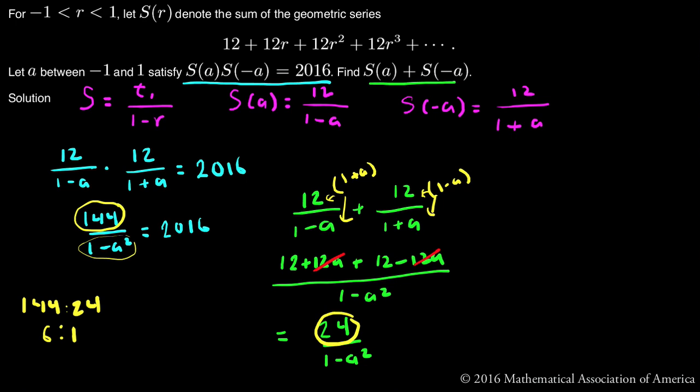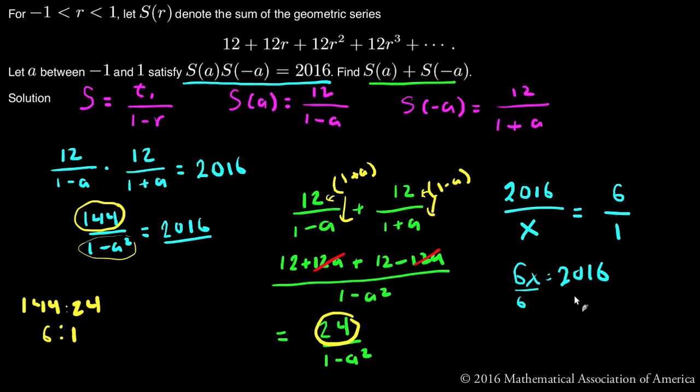And so that allowed me then to take this answer and say, okay, well, I can set a proportion, I can divide by 6. I'll set up the proportion. 2016 over whatever my answer is supposed to be, I'll just put an x, is going to be in the ratio 6 to 1. 6x equals 2016.